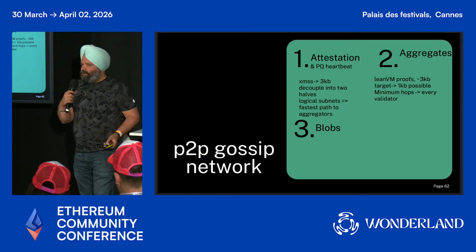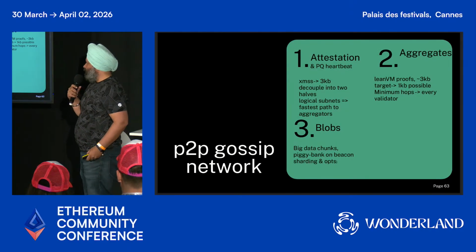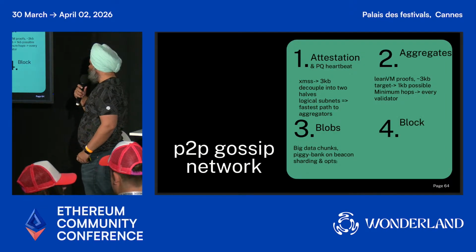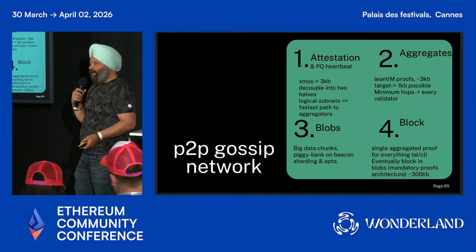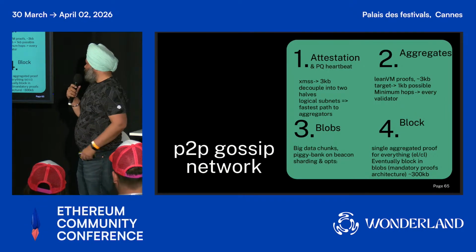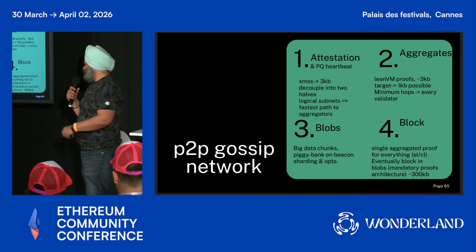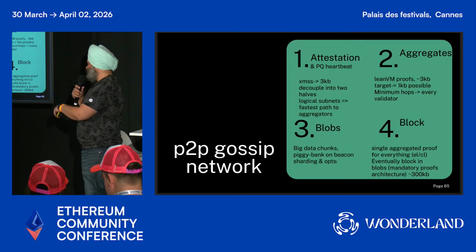Then there are blobs, but blobs are already being worked on at the beacon layer, and that is something we will piggyback from. On the blocks, again, there is a single aggregated proof for everything so that we minimize signature data. And eventually we want blocks in blobs. This aggregated proof is basically 300 KB.